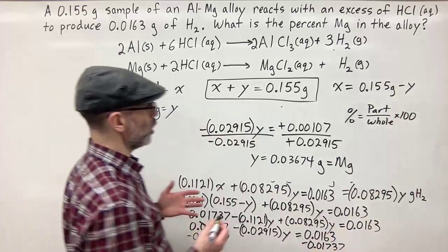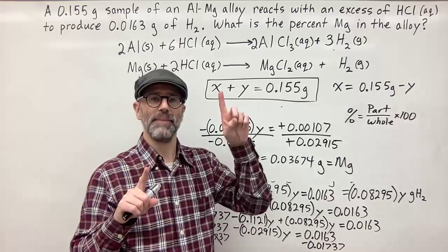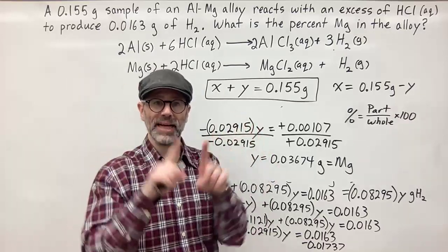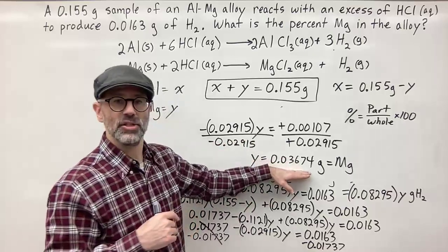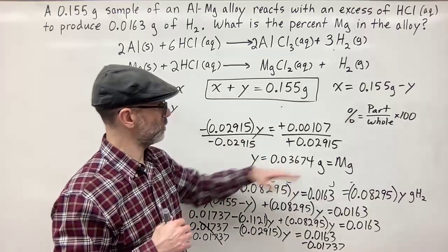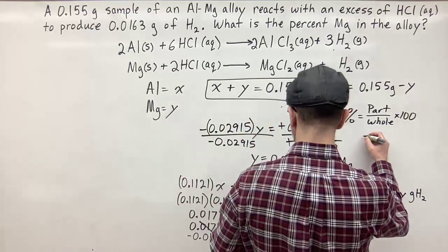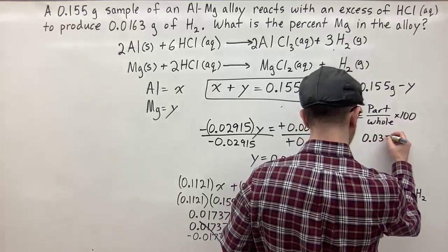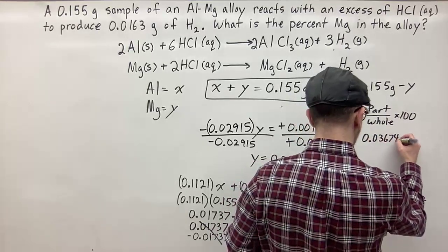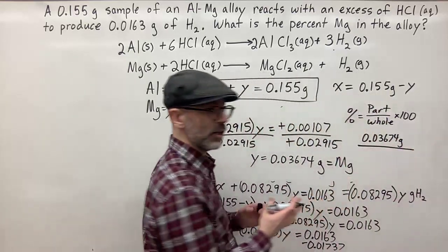So what's my part in this case? Well, the whole is the sample of magnesium and aluminum together. That's my whole. What's the part? The magnesium. So the mass of magnesium is going to go on top. So I'm going to take the mass of magnesium, 0.03674 grams, and divide that by the whole.